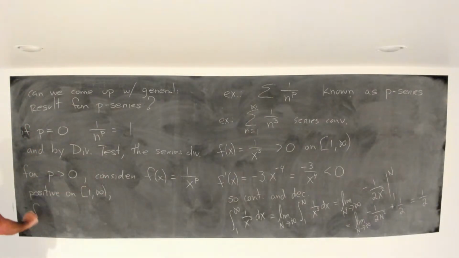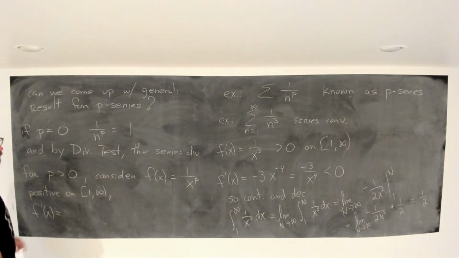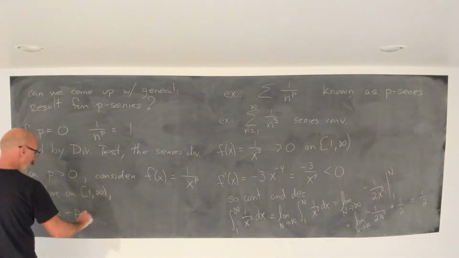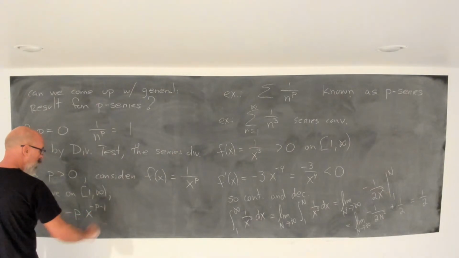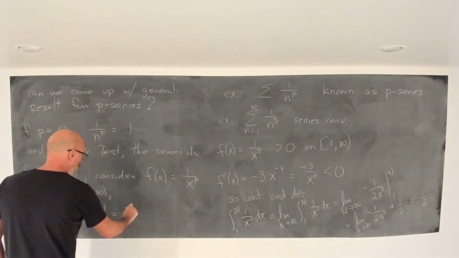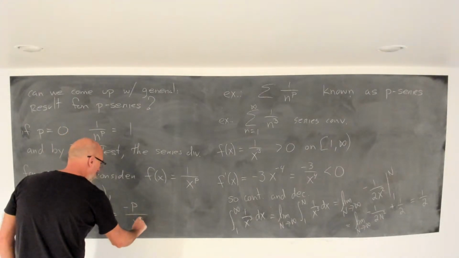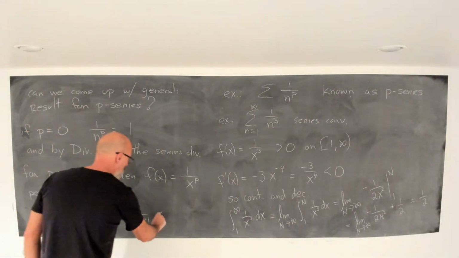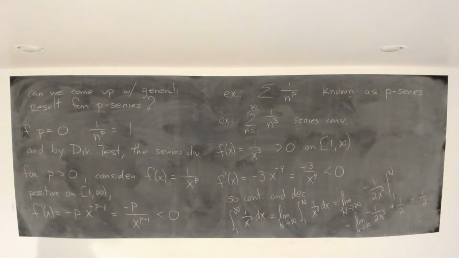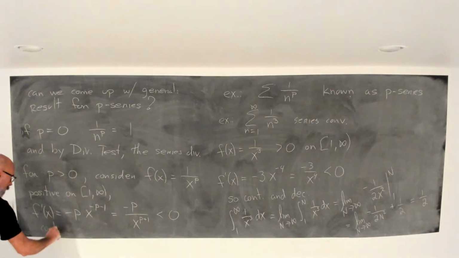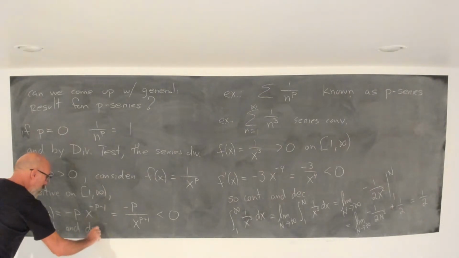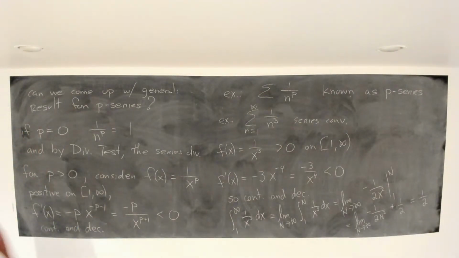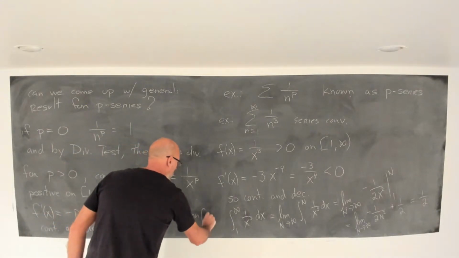The derivative is negative p x to the negative p minus 1, or negative p over x to the p plus 1, which is less than or equal to 0. So the function is positive, continuous because it's differentiable, and decreasing, of course, on the interval 1 to infinity.